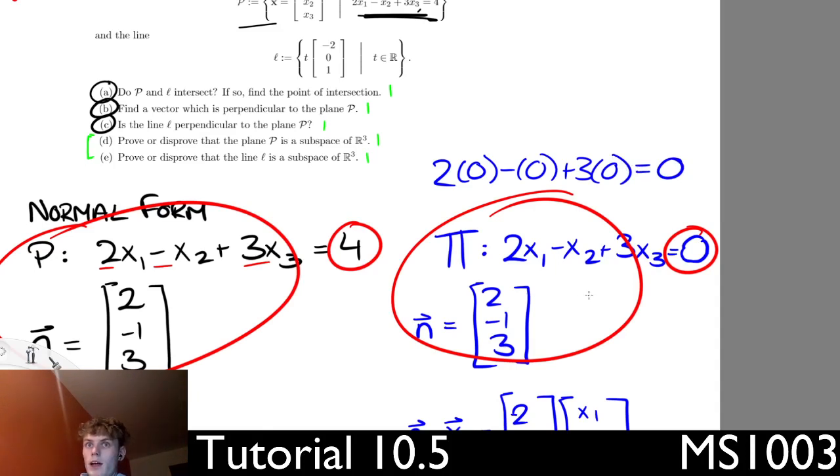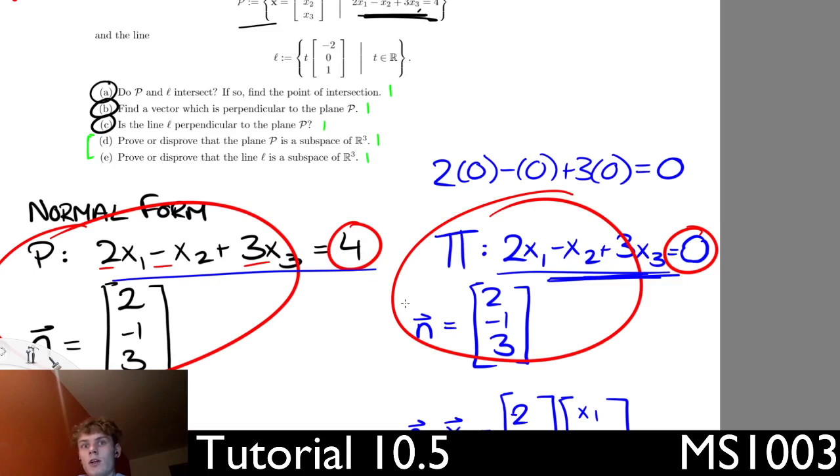And you saw in GeoGebra that when I typed in this equation instead of this one, this equation contained the origin. The plane went through the origin. And so that's why it's a subspace when you have the condition equal to 0, and it's not a subspace if you have the condition equal to anything but 0.